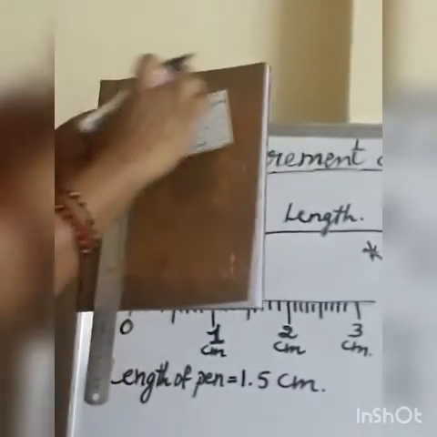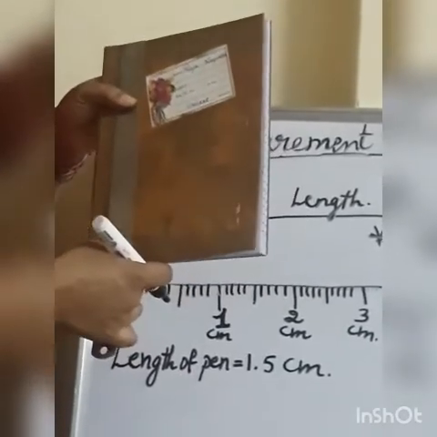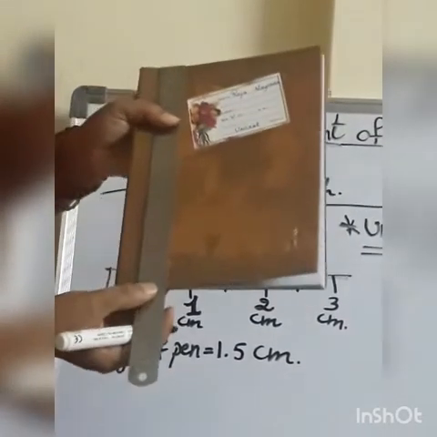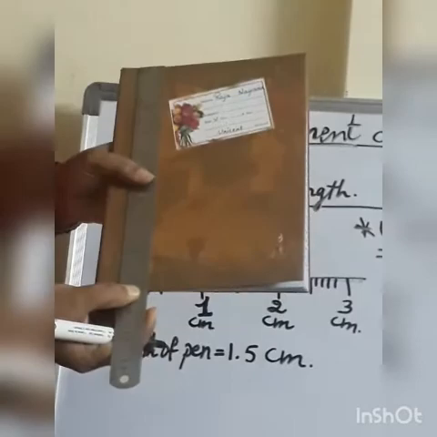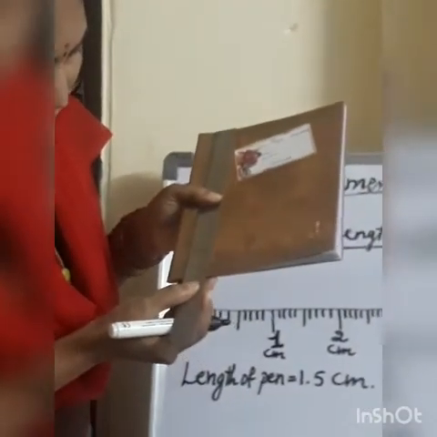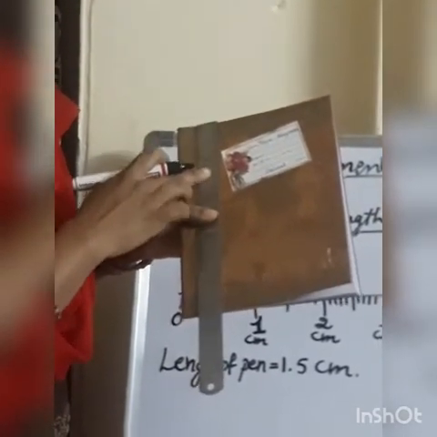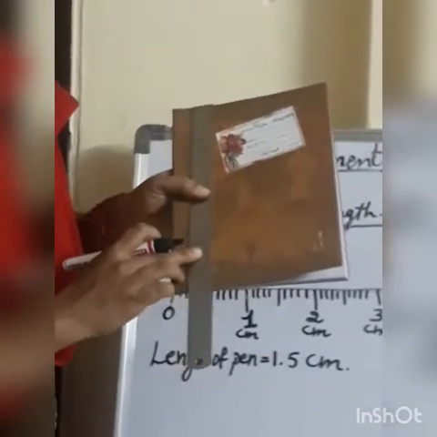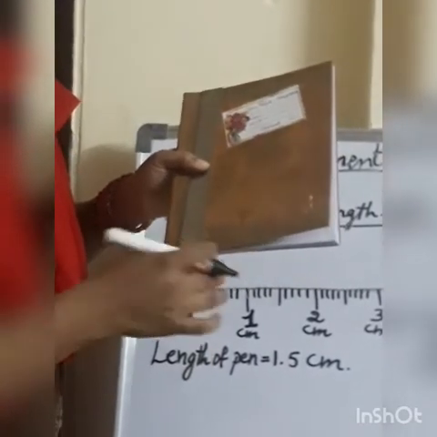The margin here, and then from 0 to 9 here, right? So it is 1, 2, 3, 4, 5, 6, up to 24.